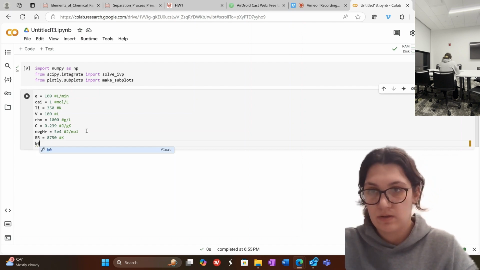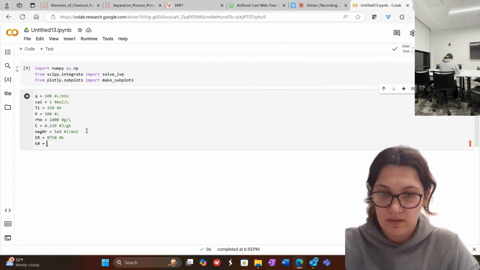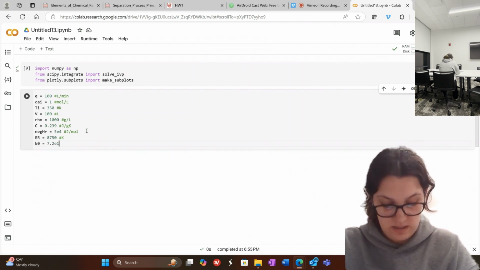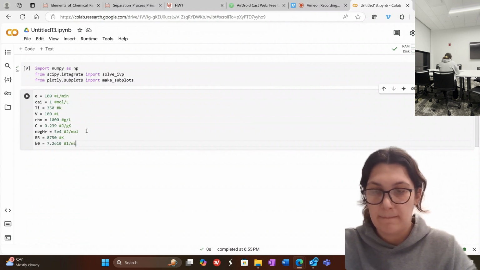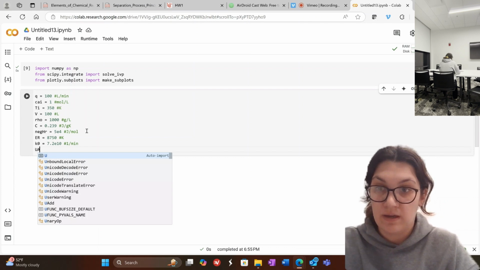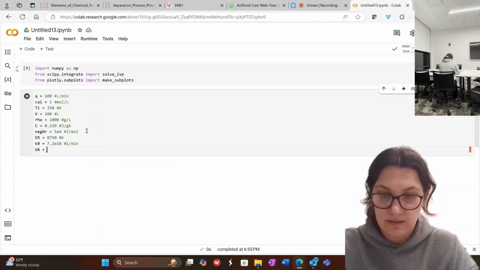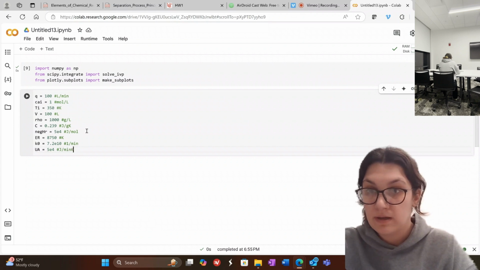Our rate constant 7.2 times 10 to some power per minute. With our UA value at 5 times 10 to the 4th joule per minute per Kelvin.